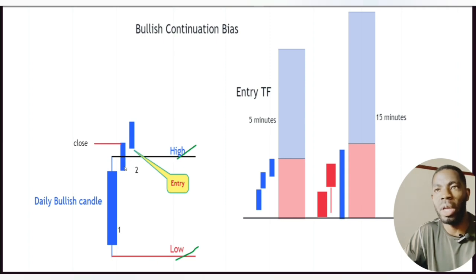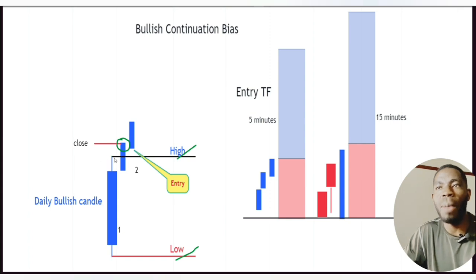If that candle closes above the high of the previous day, which is this one, this is the previous day candle. If the price closes above, like the way you see here, it closed above the highs of the previous day candle.